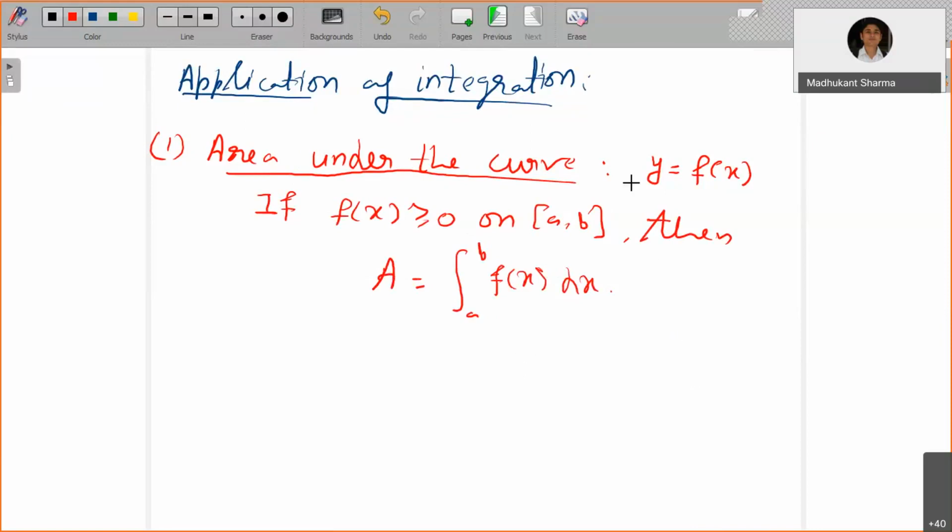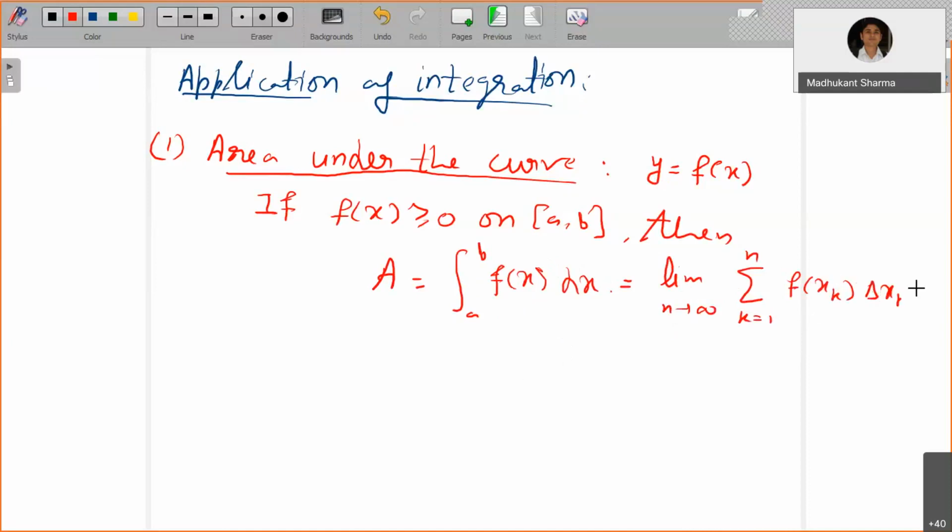Now, suppose the curve is in polar form instead of Cartesian coordinates. The area in the Cartesian case is obtained as the limit as n tends to infinity of the summation k equals 1 to n of f of x_k times delta x_k.